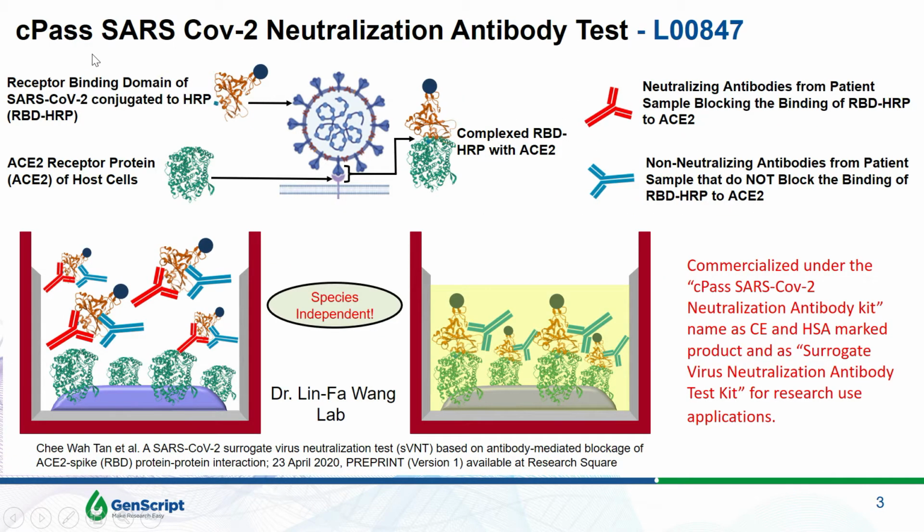What we have done at GenScript, in conjunction with Dr. Lin-Fa Wang, was we created a kit that purifies the protein components of that binding event of the virus to the ACE2 receptor. The protein components that were purified include the receptor binding domain of the viral spike glycoprotein.